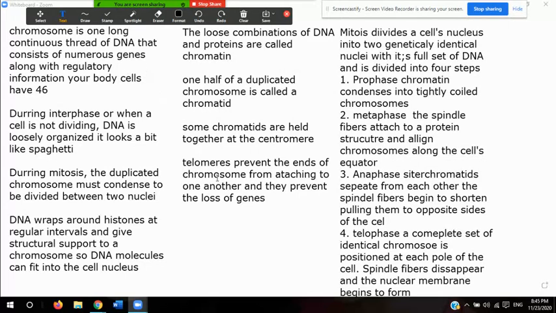So when we talk about interphase, and I'm going to type it down here real quick, interphase is defined as something that plays an important role in preparing the cell to divide.